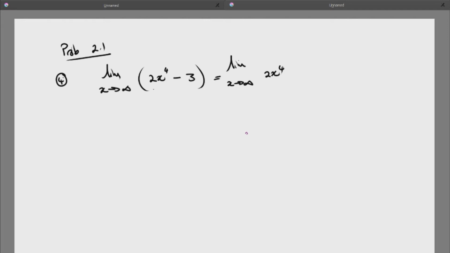So I can't say this because the left-hand side is referring to the behavior of the function. The right-hand side is the function itself. How it behaves and what it is won't necessarily be the same.